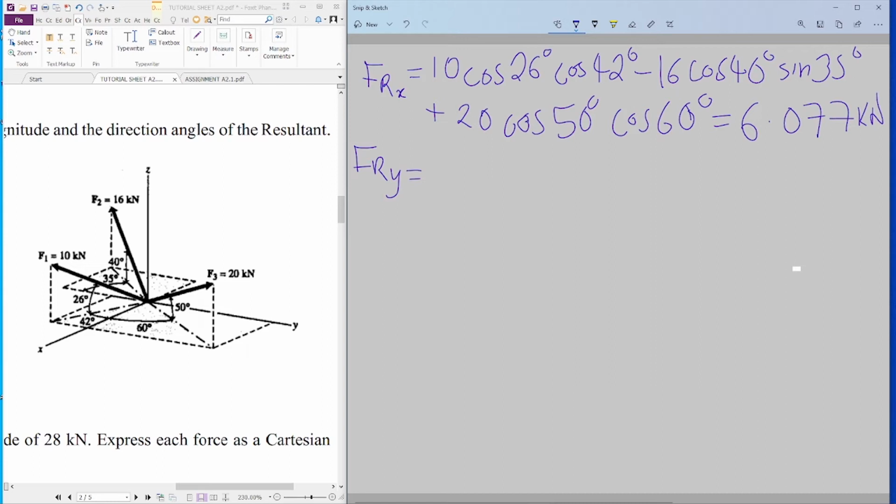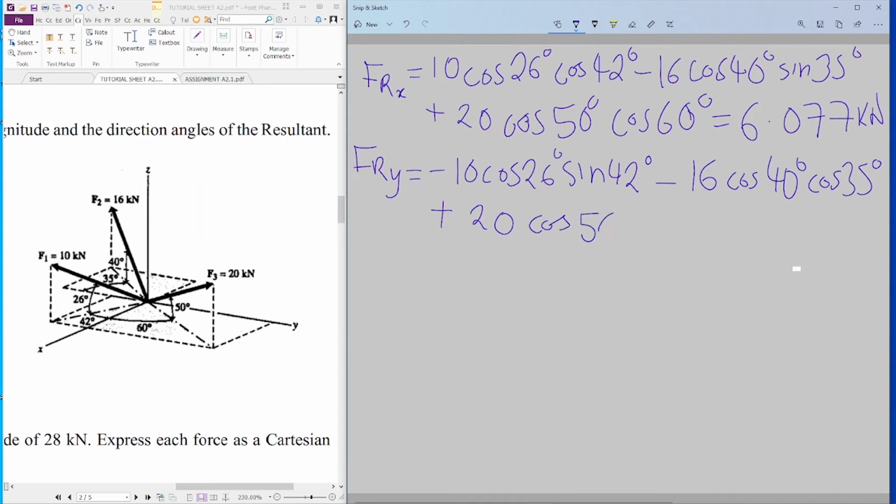So for F1 and F2 I see their y components are negative, so it will be negative 10 cos 26 degrees sine 42 degrees minus 16 cos 40 degrees cos 35 degrees, and then my z component will be a plus 20 cos 50 degrees sine 60 degrees.